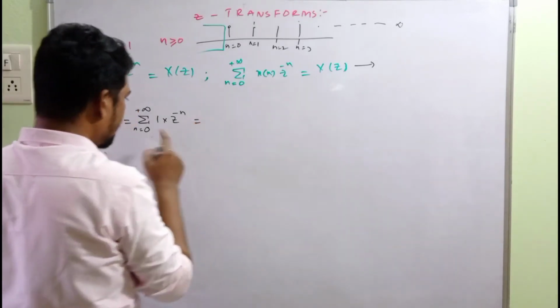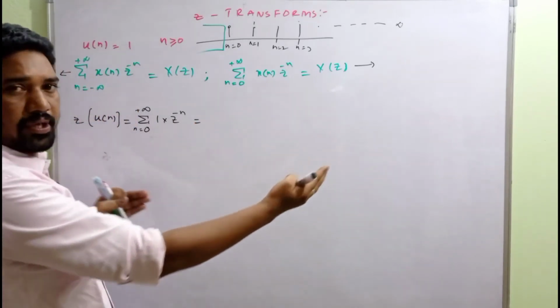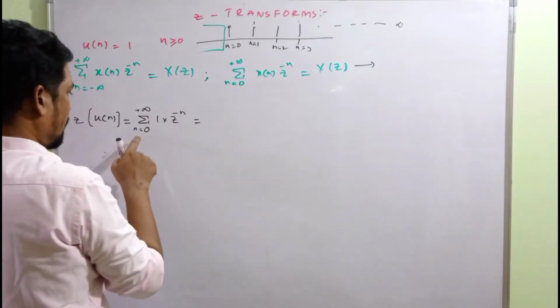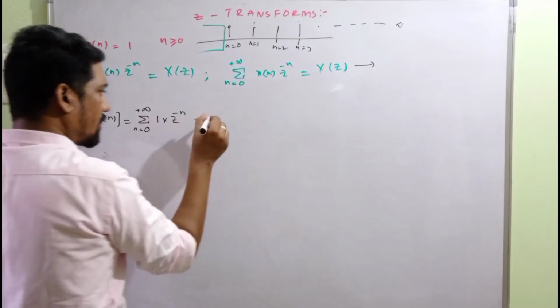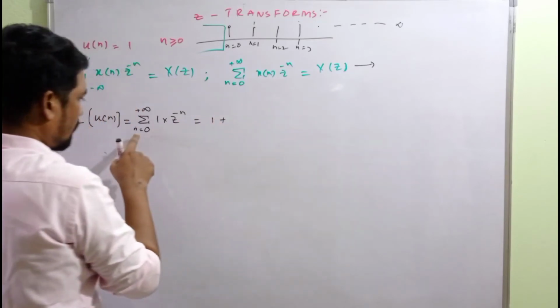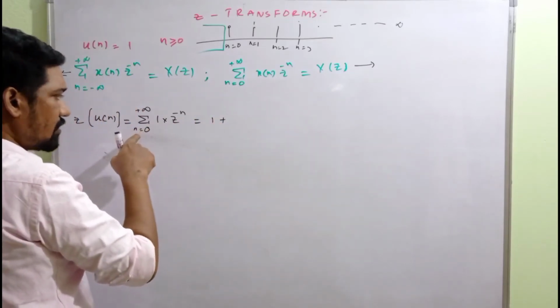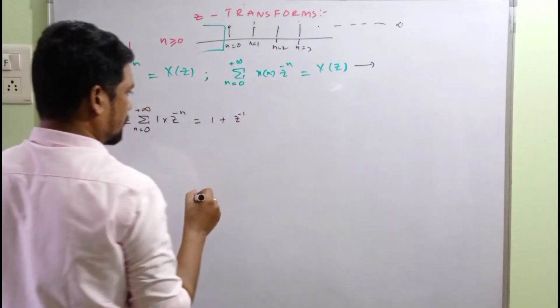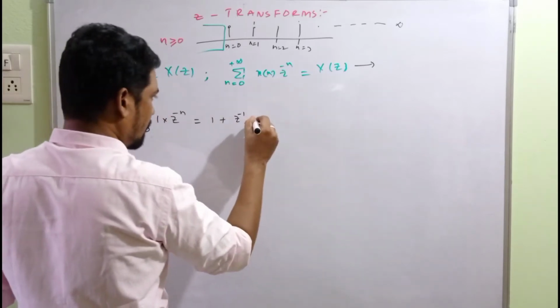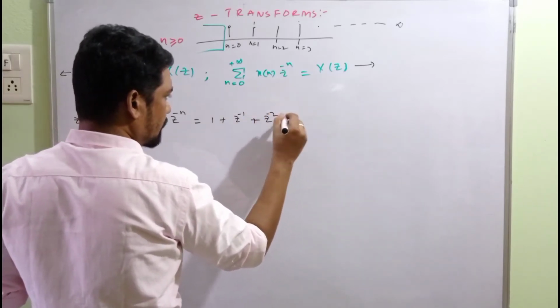Now how will the summation expand? For n equal to 0, it will be 1 into z raised to 0, that will be 1, plus, for n equal to 1, 1 into z raised to minus 1, plus, for n equal to 2, z raised to minus 2, plus.